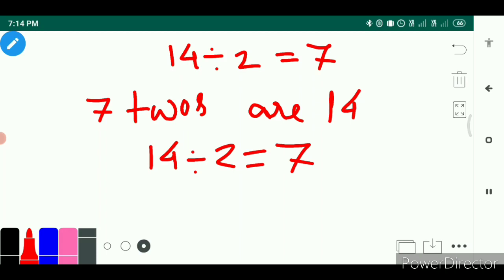Just remember, we have to think about the multiplication table of the next number. So the next number is what? 2. So we have to think of the multiplication table of 2 and find out what we should multiply with 2 to get 14. The number that we get, that will be our answer.